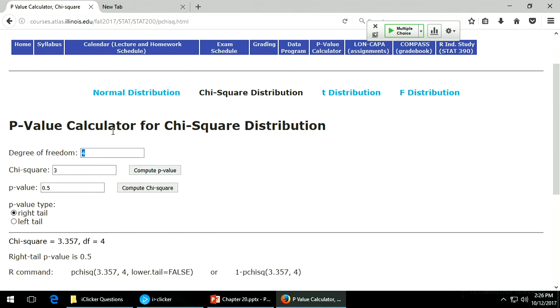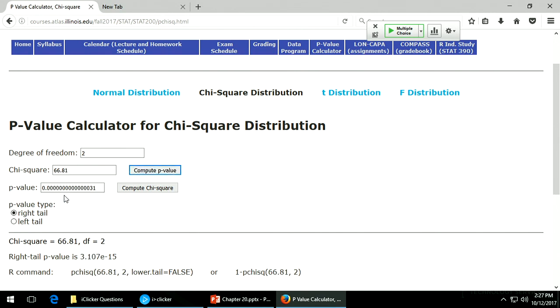So our degrees of freedom is what? 2. And what was our chi-square statistic? Do you remember? It was 66.81. And let's compute the p-value.